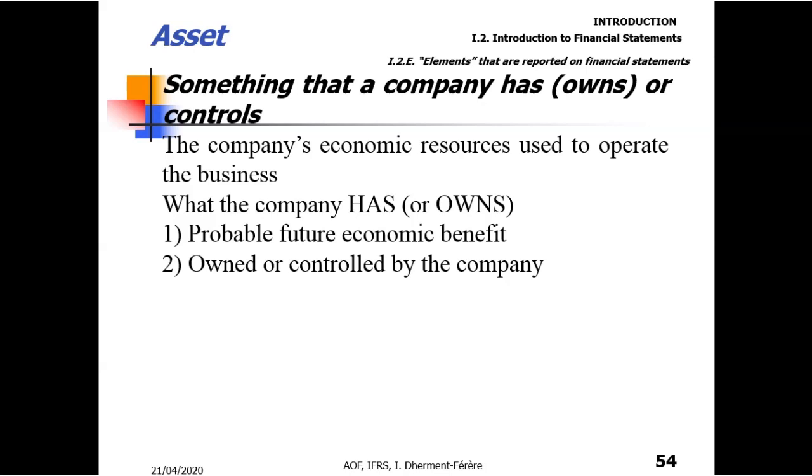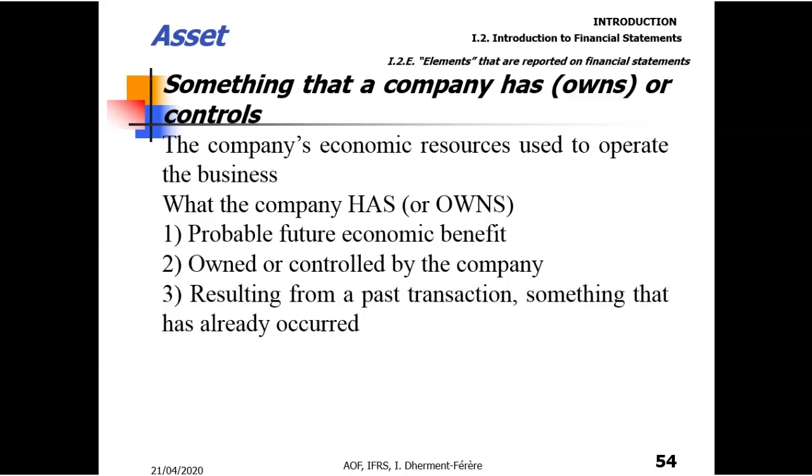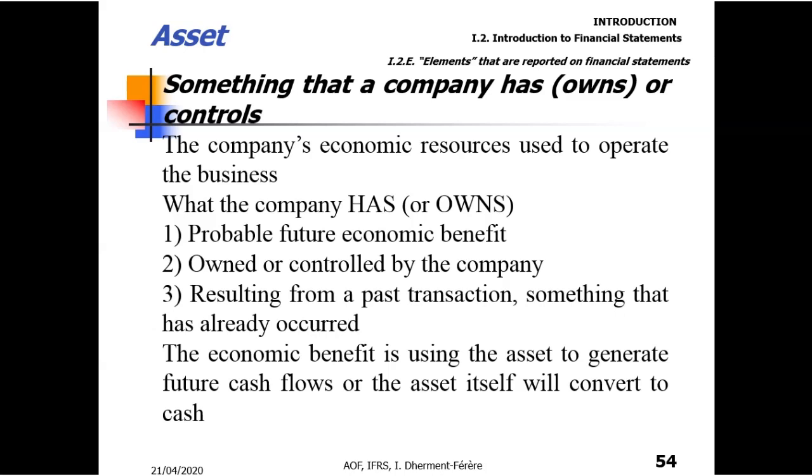Owned or controlled by the company. 3. Resulting from a past transaction, something that has already occurred. So, the economic benefit is using the asset to generate future cash flows, or the asset itself will convert to cash. For example, a receivable is an asset.